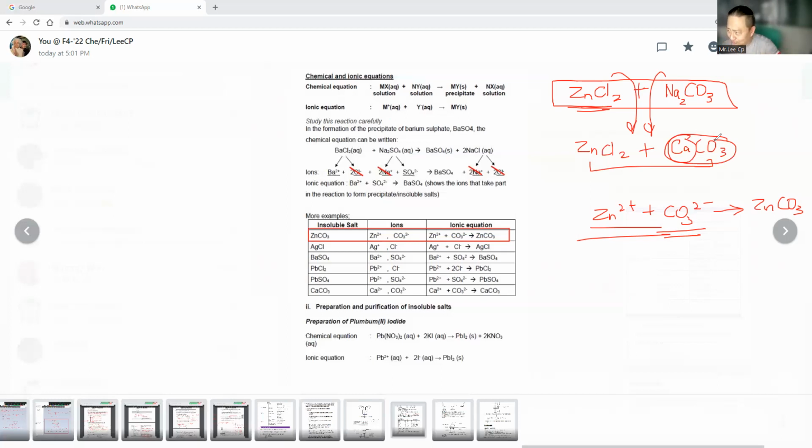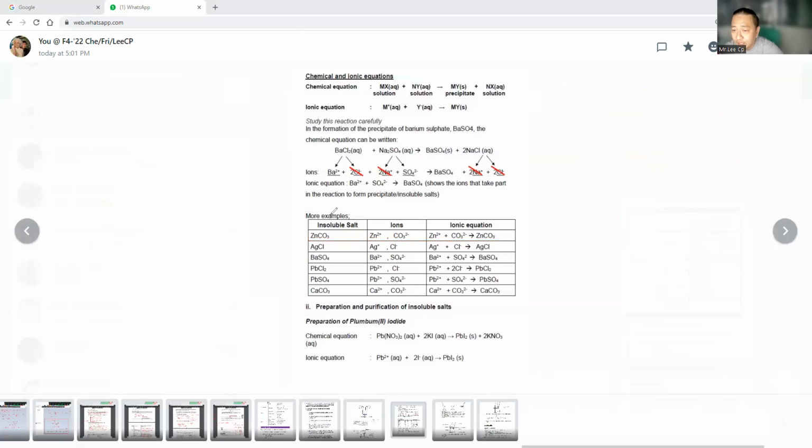How do you know it is from this one? This one is already solid, already insoluble at first. You add in, it is not fair. So you must have a soluble salt, add in, become an insoluble salt. Then we will call this one precipitation.